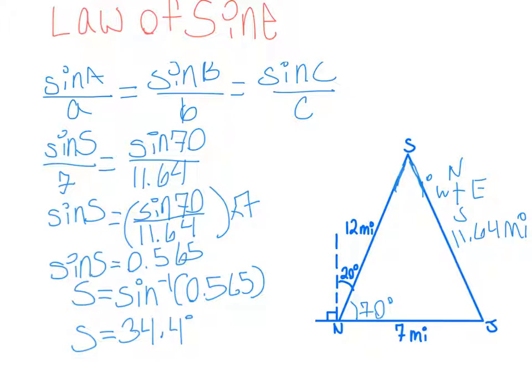We're then going to solve for sine of angle S. We divide sine of 70 by 11.64, and then multiply by 7. After we do that, we get that the sine of angle S is equal to 0.565. Then, in order to find the actual angle S, we take the inverse sine of 0.565, which gives us 34.4.